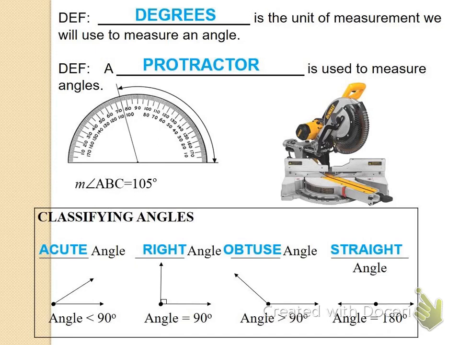A straight angle. We can use that idea also to help us figure out which set of numbers to use on a protractor. If an angle is definitely obtuse, like this guy, or for instance like this guy, then use the set of numbers that give you an angle measure bigger than 90 degrees, right? Use some common sense. And so on and so forth, all right?